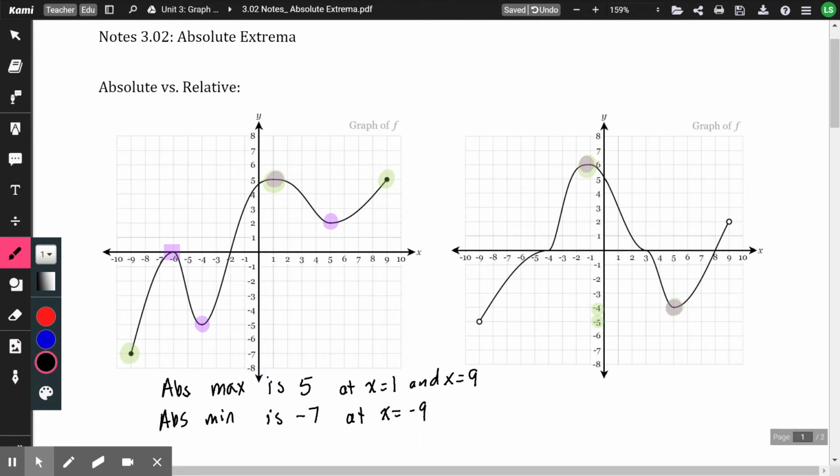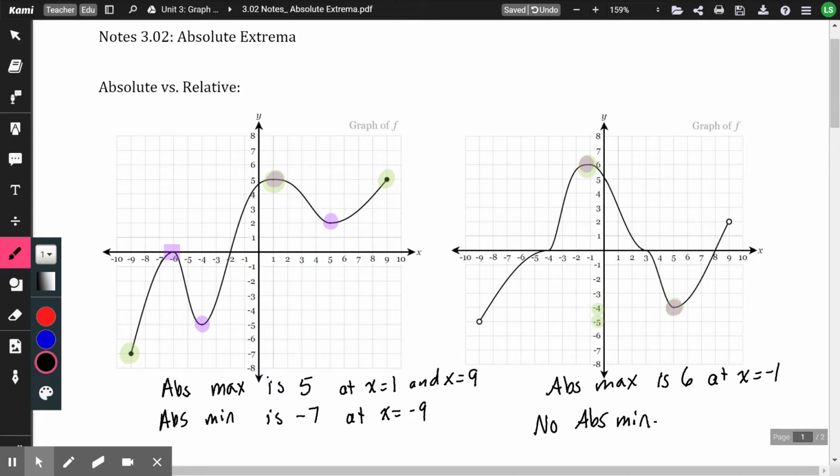For the graph on the side, we're going to say that our absolute max is a value of 6, and it happens at x equals -1. And we're going to say that there is no absolute minimum. Now, the reason that we are structuring absolute maxes and mins in this phrase is because when we talk about absolute extrema, we're really focused on that y value.